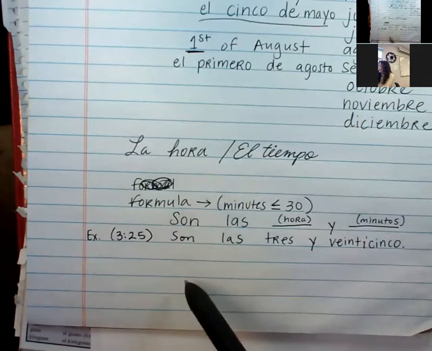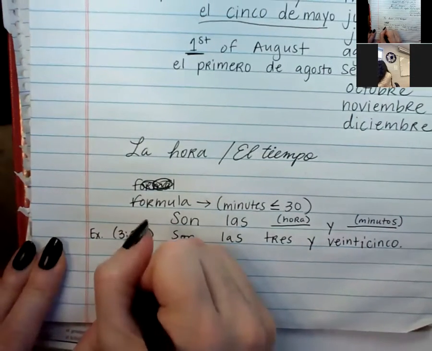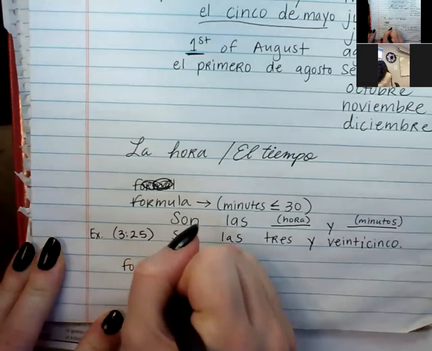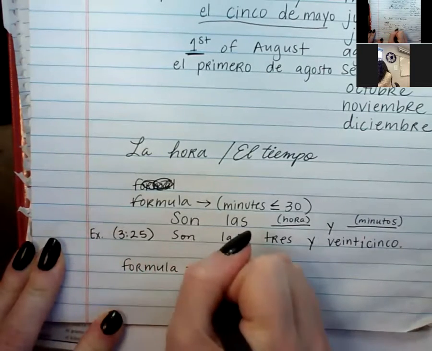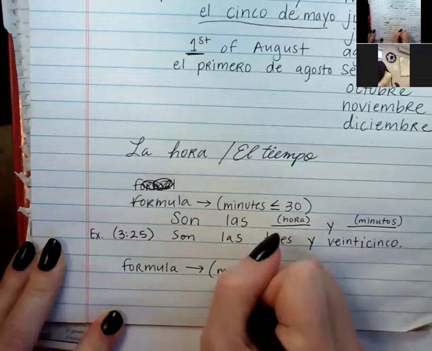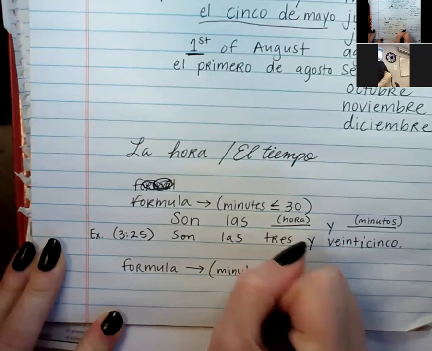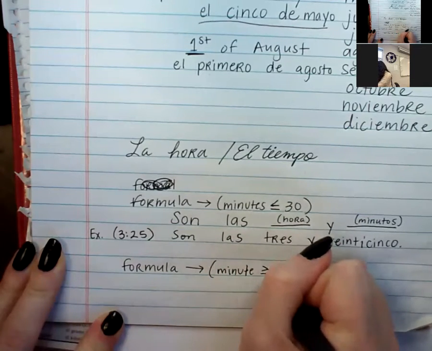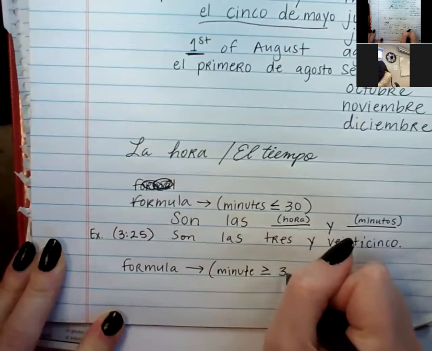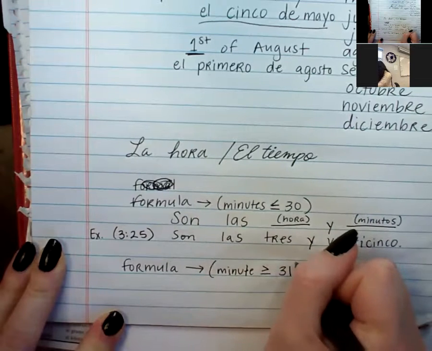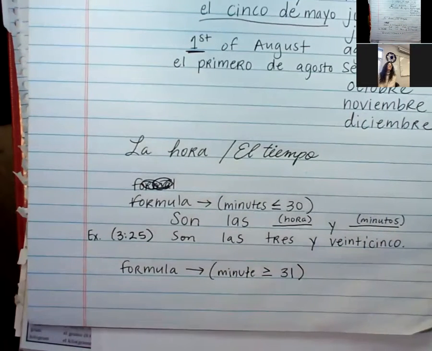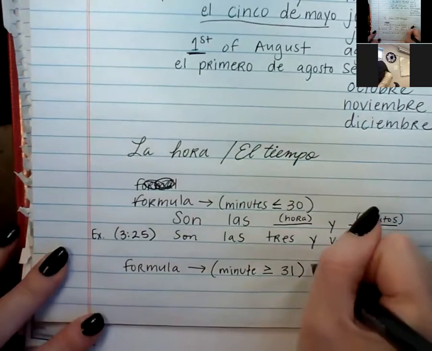And then our other formula, we are going to use if the minutes are greater than or equal to 31. So this is like the menos method.